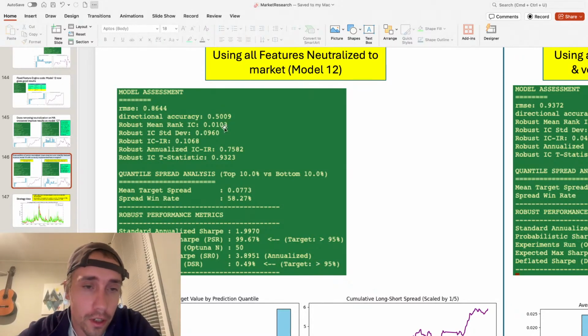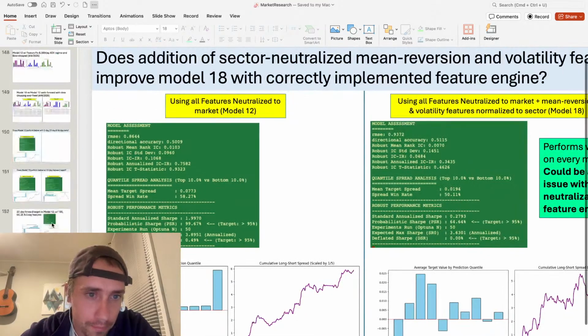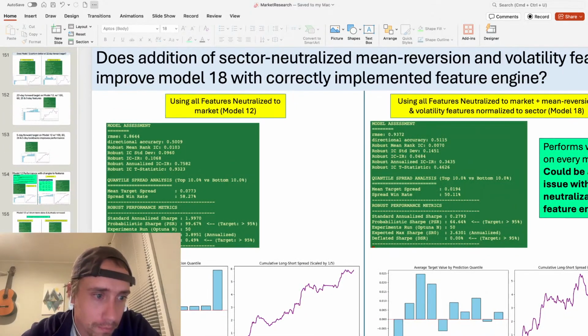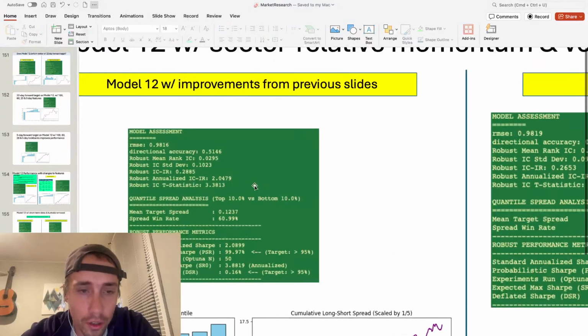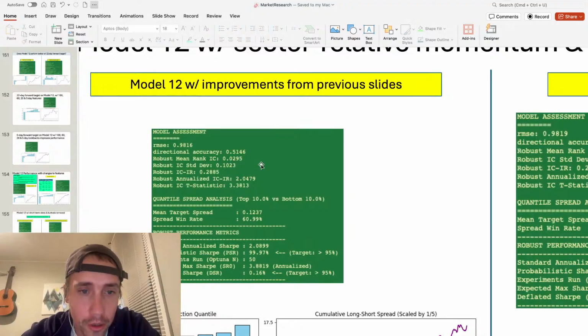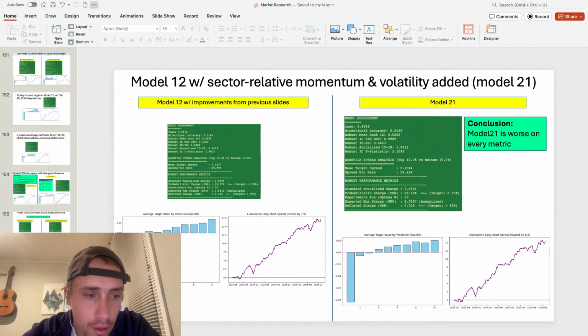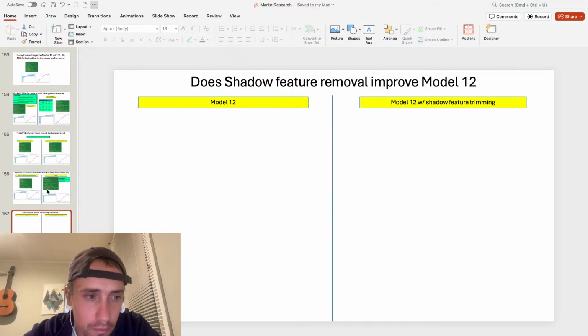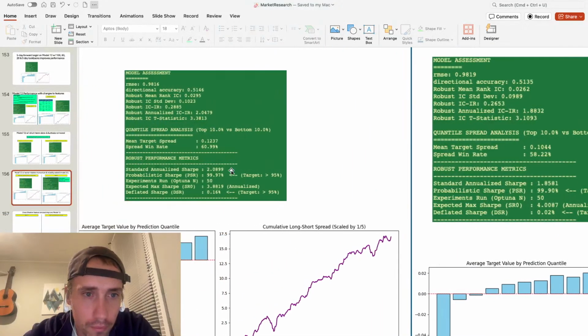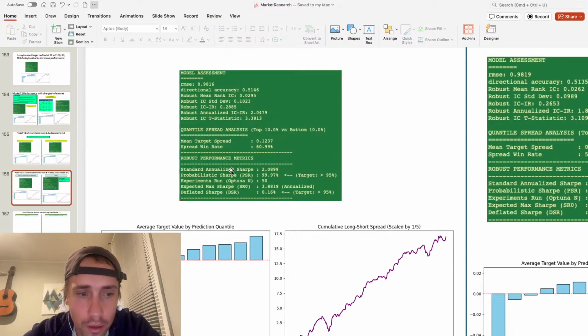So if you look at the performance, is this it? No, sorry, wrong model. This model here. So how do we know this is good? First thing, information coefficient. I want to get 0.01 to 0.02. I thought this was better.